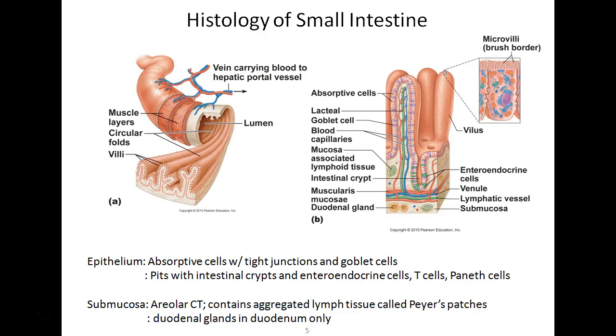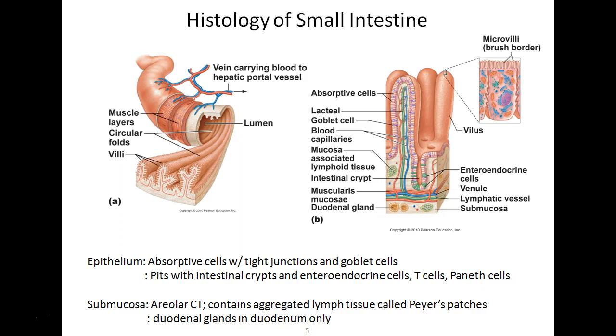Here is another image showing the structures that we just discussed. It is noteworthy that this picture also shows some pits in the epithelia. So in addition to the villi, we have pits that are lined with intestinal crypts and enteroendocrine cells, T cells, and Paneth cells.